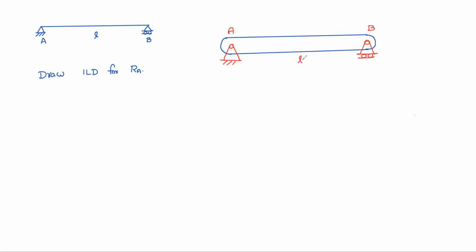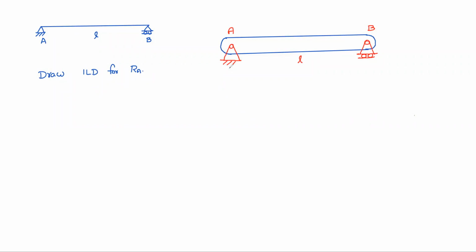Now how to get RA? First, see why you are getting RA. Whenever you restrict the motion or displacement, then only you will get reaction.